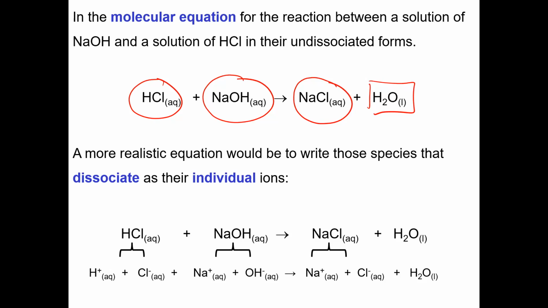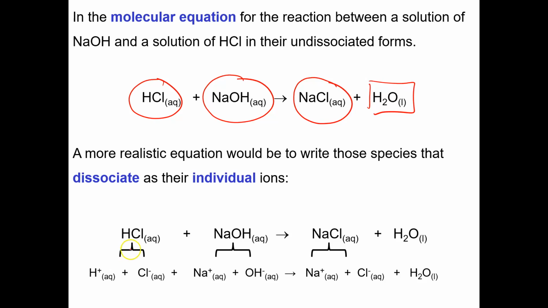So something that you might be asked to do is to dissociate those compounds into their component ions. And that gives us the overall ionic equation, just like we had for precipitation reactions.